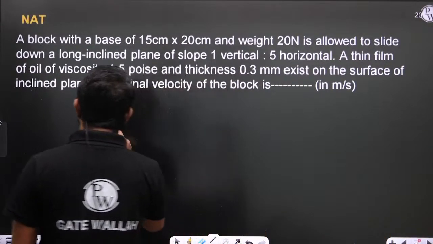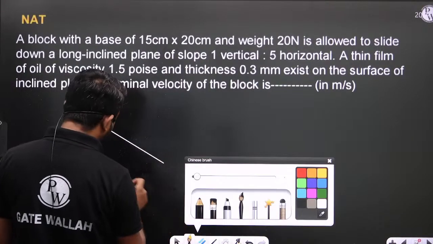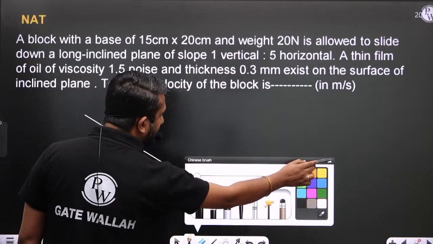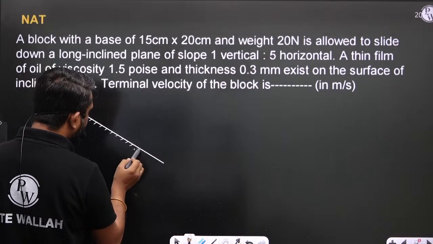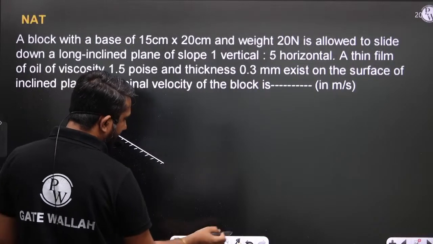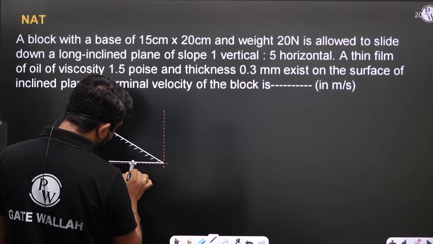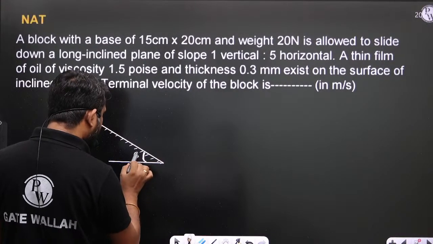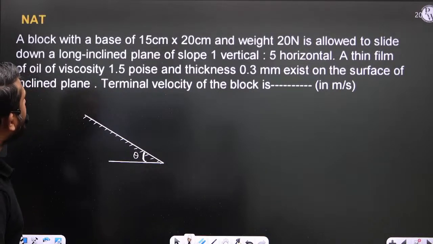So beta, this is the inclined plane, and this is the horizontal, and this angle is theta. For calculation of theta, the information is given: 1 vertical, 5 horizontal.